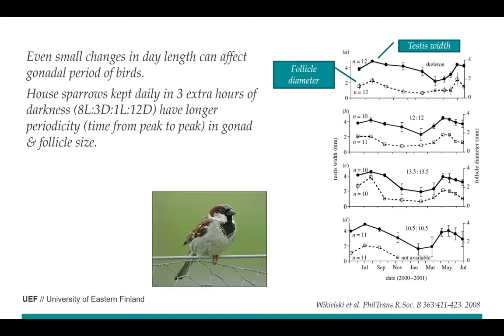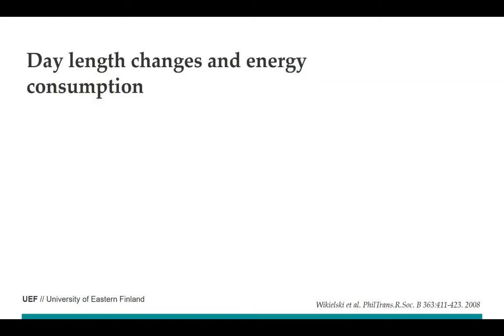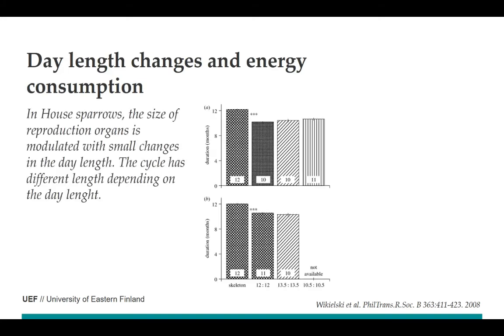So the rhythm is changing, and the rhythm is actually changed at the same time as the energy consumption is changed. In this same experiment, they found that the duration of the testicle or ovary size rhythm is changed.